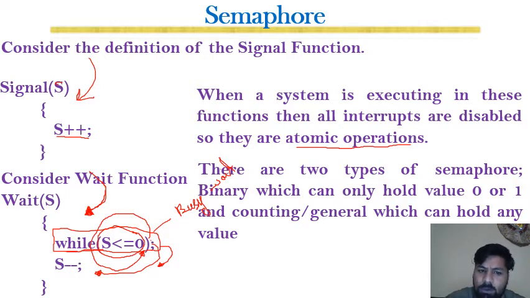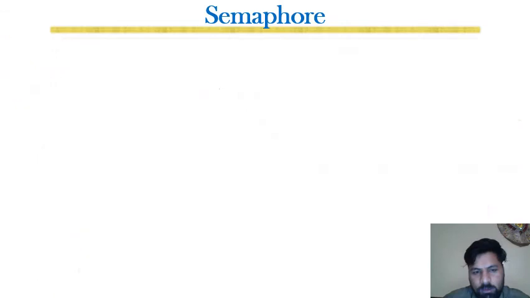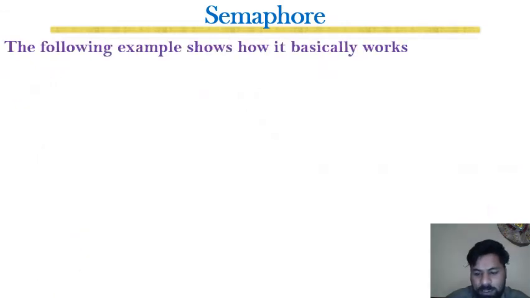It means that we have an integer, for example, integer s, and if this integer is restricted to hold only values 0 or 1, then we will call it a binary semaphore. But if this is allowed to hold any positive or negative value, then we will call such a semaphore a general semaphore or counting semaphore.